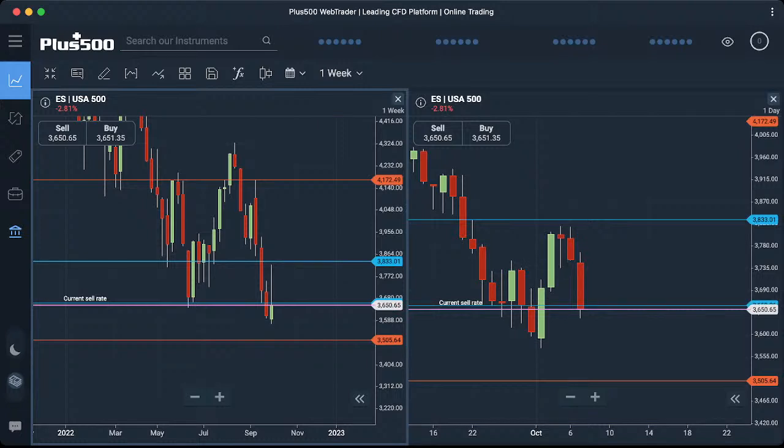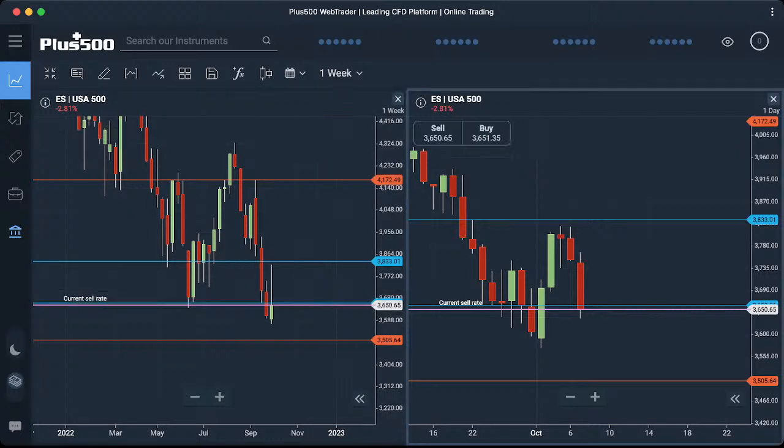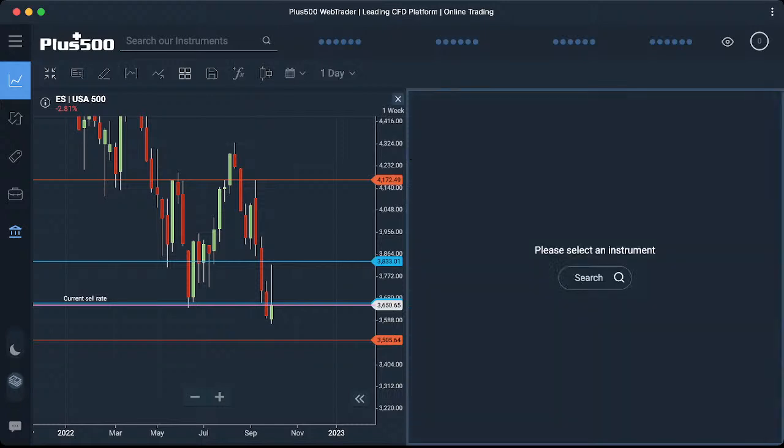So for USA 500, if price is coming down and invalidating this bullish order block, then I want you to look for a buy setup again after breaking this last week's low. So that's it for the USA 500.